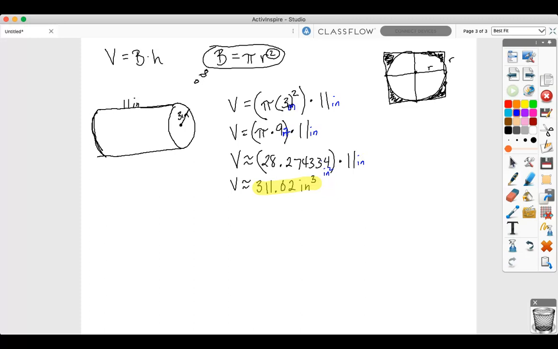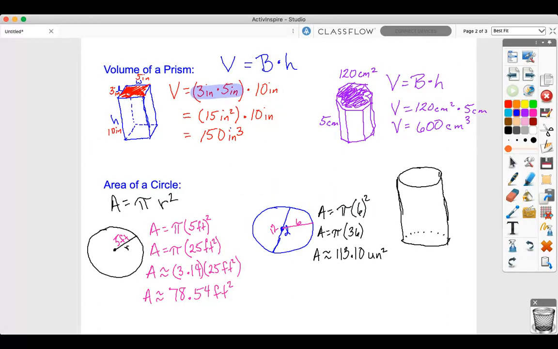So that's, again, remember, inches squared is inches times another inches, which is where we get inches to the 3rd power. And it goes back to when we did this right here.